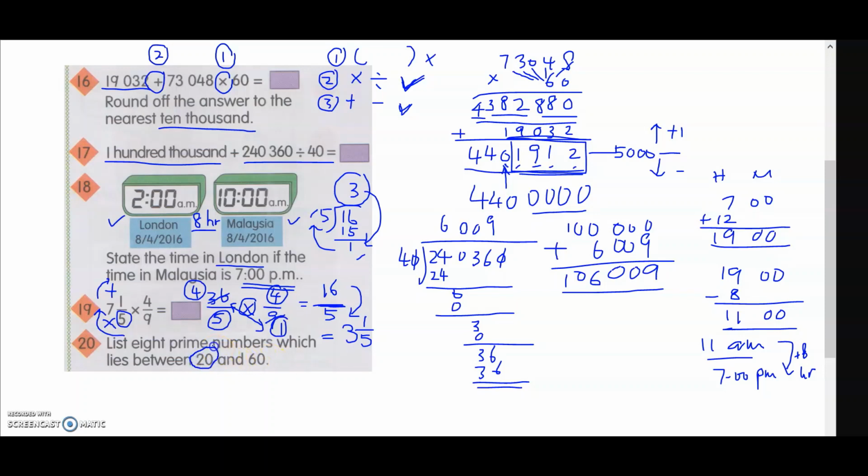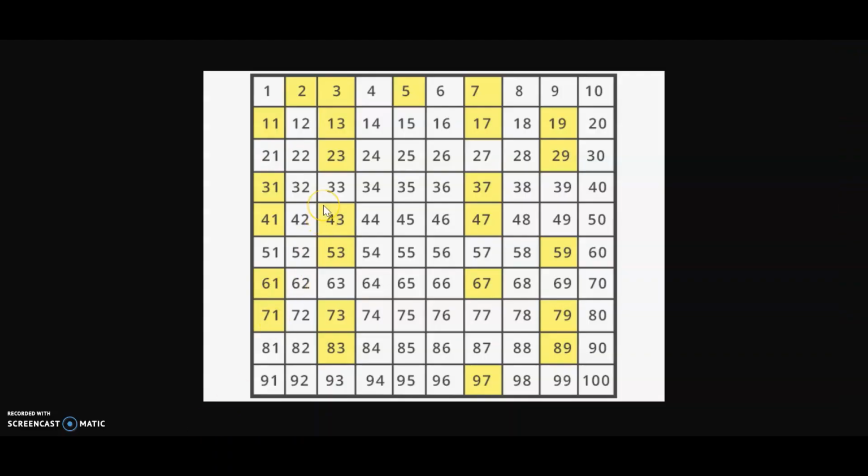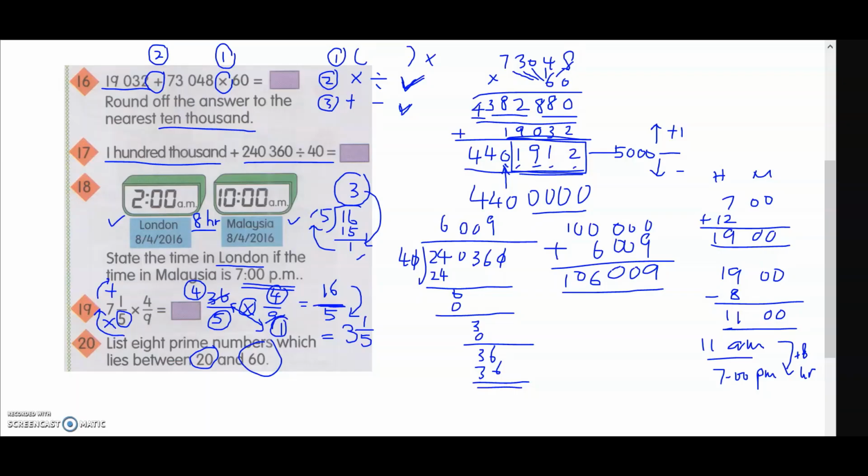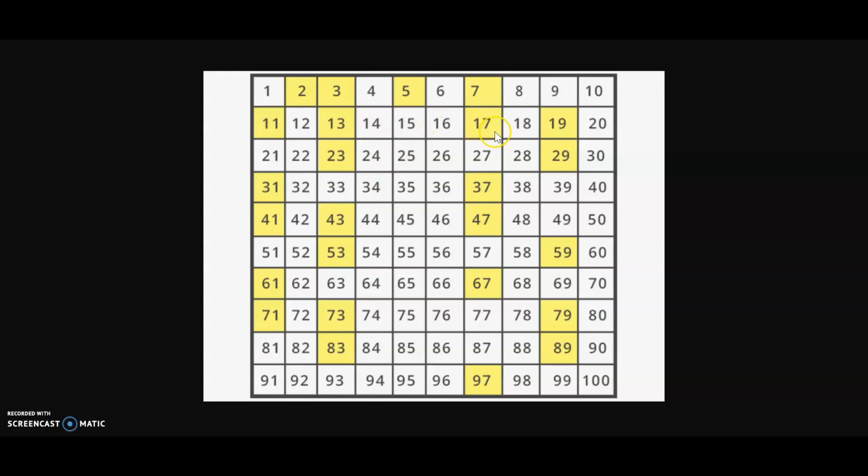So let's look at the prime numbers between 20 and 60. Okay, so this is the chart of prime numbers. Between 20 and 60 we have 23, 29, 31, 37, 41, 43, 47, 53 and 59.